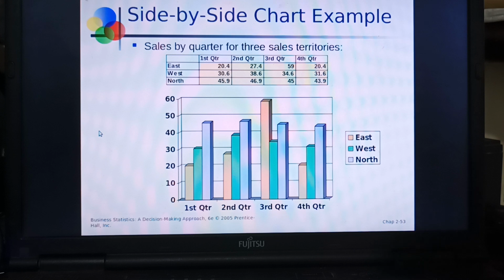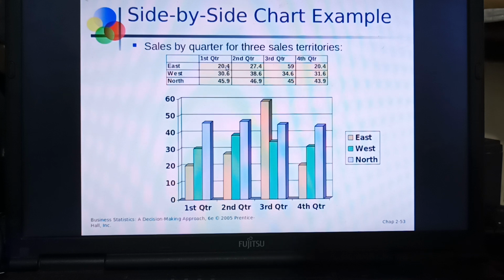Again, side by side, another example, sales by quarter for 3 sales territories. First quarter, second quarter, third quarter, fourth quarter. And for the East Territory, West Territory, and North Territory.